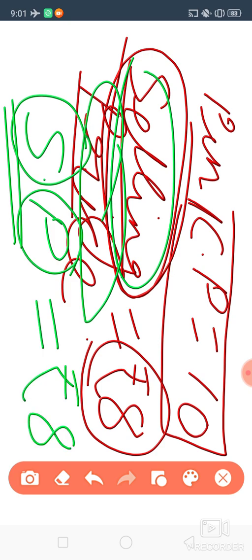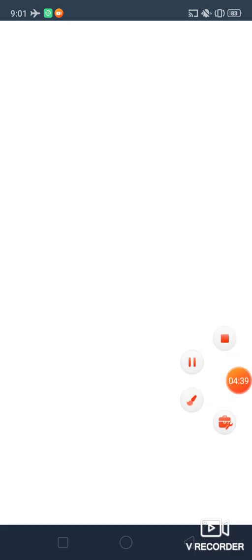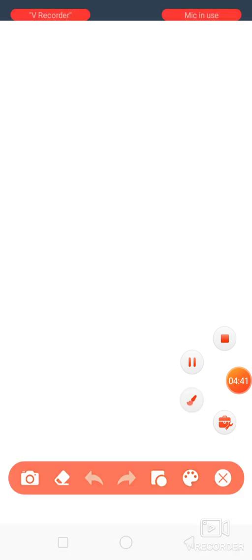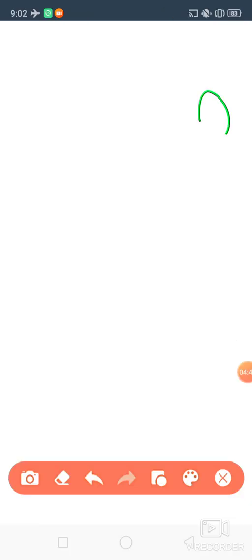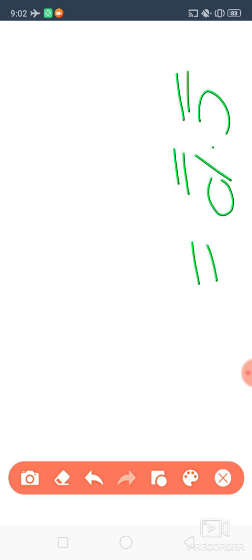Once again, if you are buying something, suppose a pen, then the buying price we call the cost price. C for cost, P for price. So CP will be equal to 10 rupees.